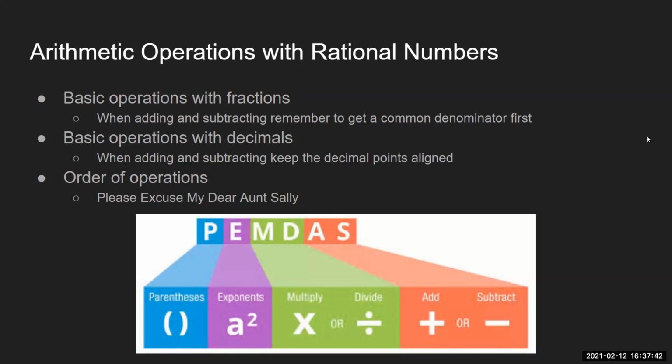So when you're adding and subtracting decimals, you've got to keep your decimal points aligned when you're going down, adding or subtracting. Again, with decimals, you can just go ahead and throw them in the calculator. There's no need to stress yourself out doing it on paper if you don't have to. Fractions, unfortunately, you might have to do a little bit of handwork on that.